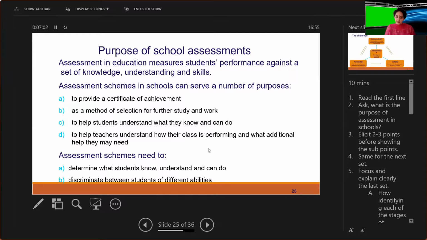At the same time, assessment schemes need to determine what students know and understand and how they can learn.